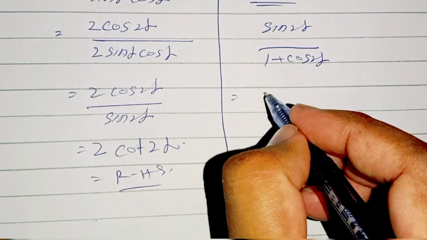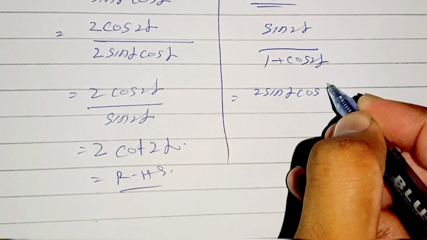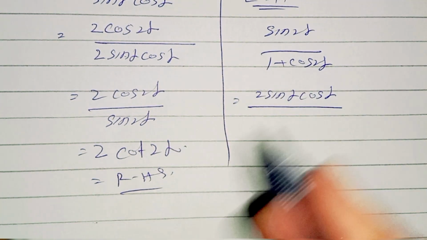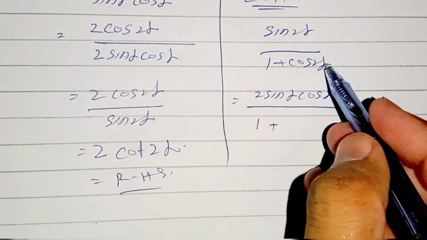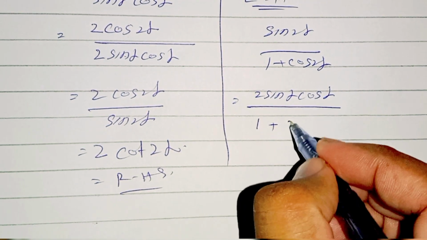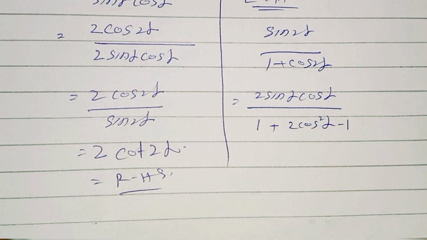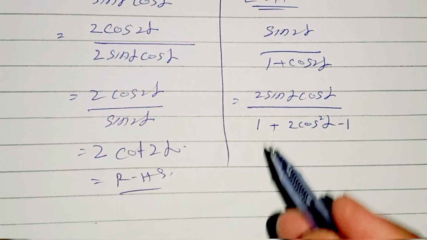We know that sin 2 alpha is equal to 2 sin alpha cos alpha, and we also know that cos 2 alpha is equal to 2 cos square alpha minus 1.